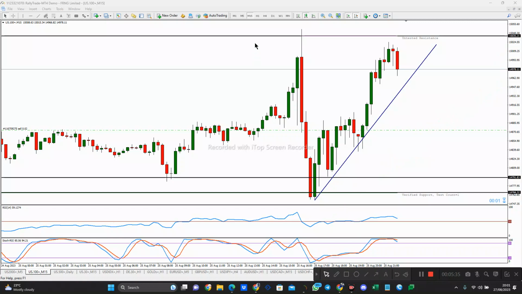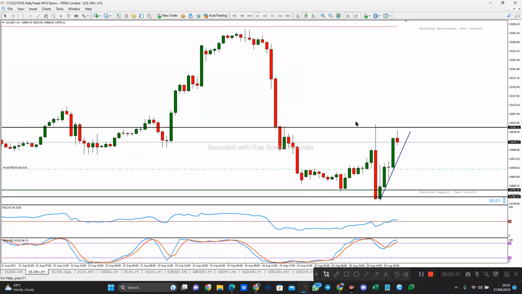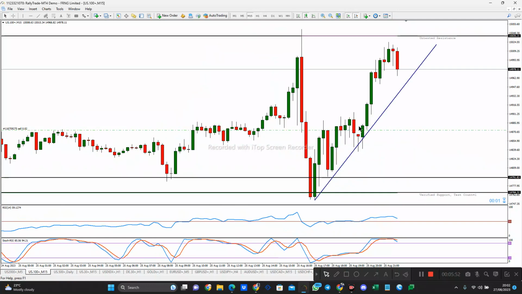Now, the first thing I did was to draw my support and resistance levels. I drew the closest support and resistance on the chart on 1 hour. Then the next thing I did was to go to 15 minutes and draw the minor ones. Now there's still so much space here.